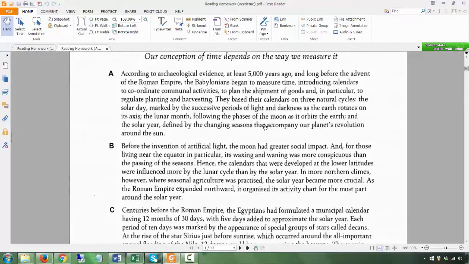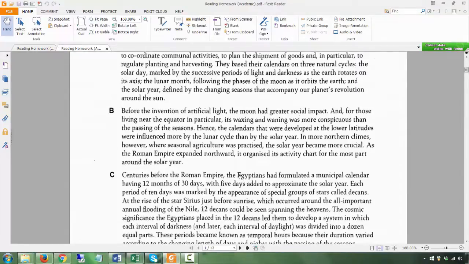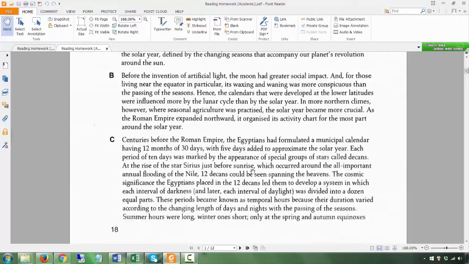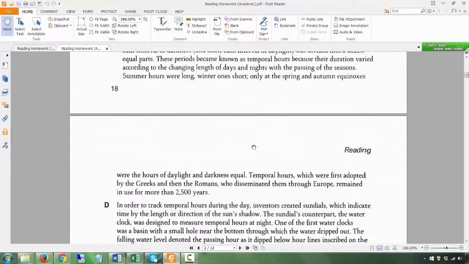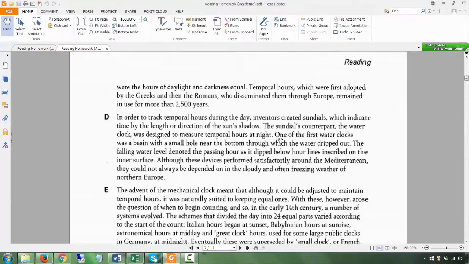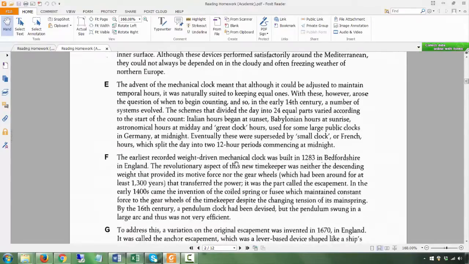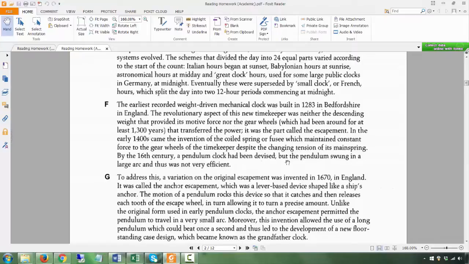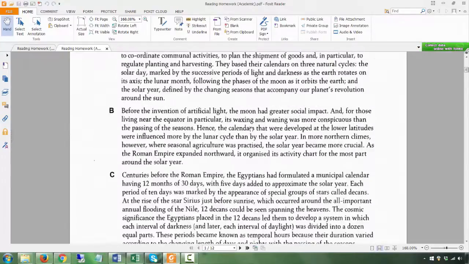So we gotta find where the Egyptian is. There's one Egyptian here. Maybe throughout this passage there are other instances of the word Egyptian, I'm not sure, but at least that is there. Where is it? Egyptians had formulated a municipal calendar having 12 months of 30 days.